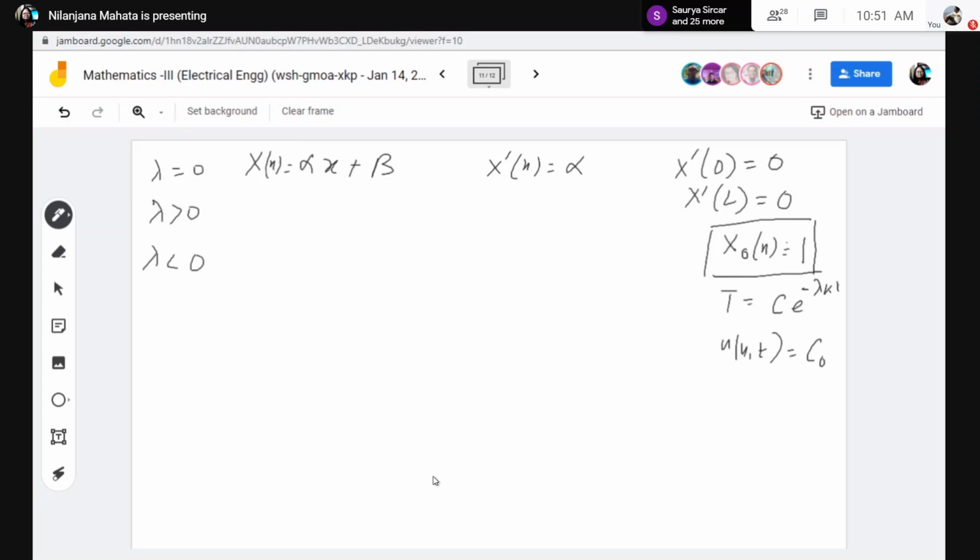Your general solution was alpha cos root lambda x plus beta sine root lambda x.